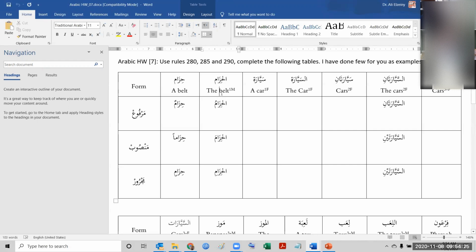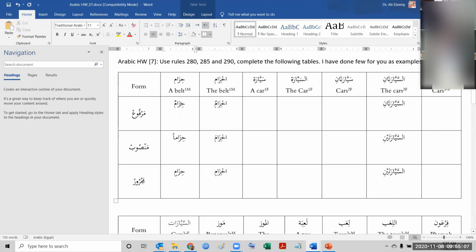Just like English, one is any belt, and this one is the specific belt that I'm talking about. Both of them are one male. There is no male belt or female belt. It's just an Arabic word that happens to be a male noun.